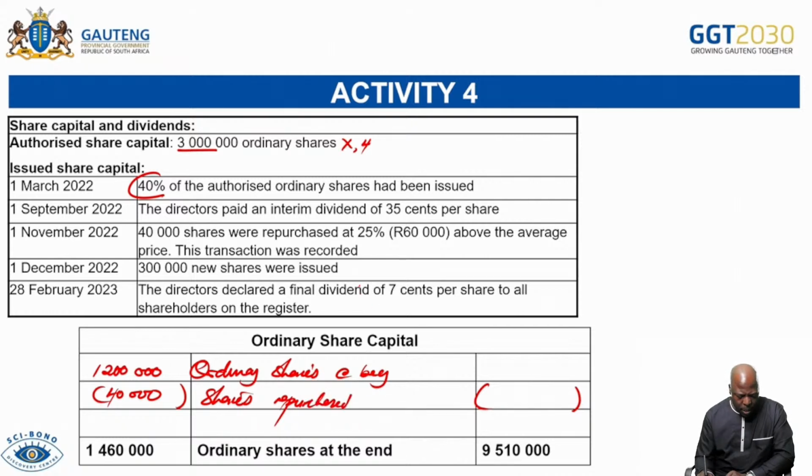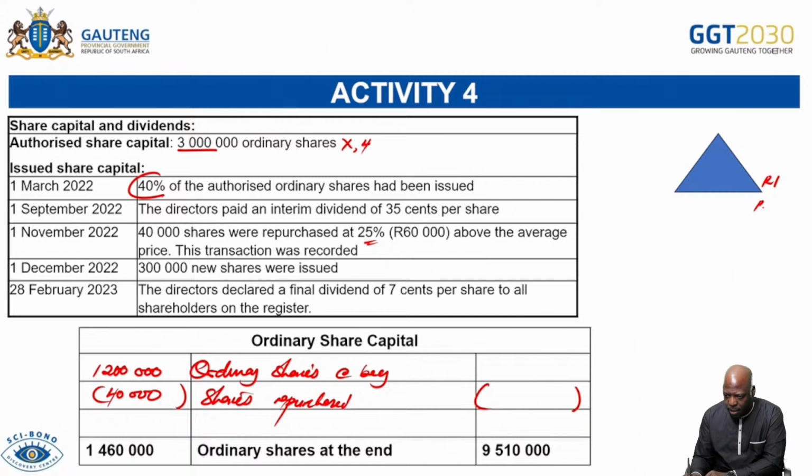Then they say they were repurchased at 25%, that is 60,000, above the average price. That means if I'm coming to my triangle, the 60,000 is on the retained income here. The 60,000 is here. And they're telling me that that 60,000 is 25% above the average price.